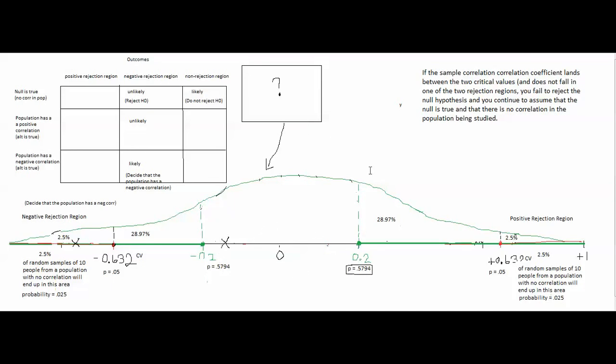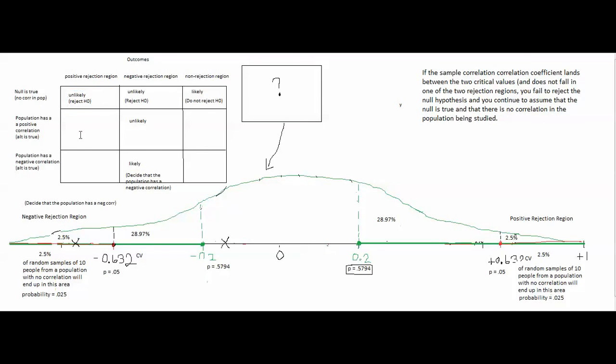It's unlikely to make it all the way out here into this strong positive area. So it's unlikely to be reached when the null is true, which means that if your sample ends up out here, you reject the null. Whenever you get an outcome that's unlikely to happen when the null is true, the null is rejected.